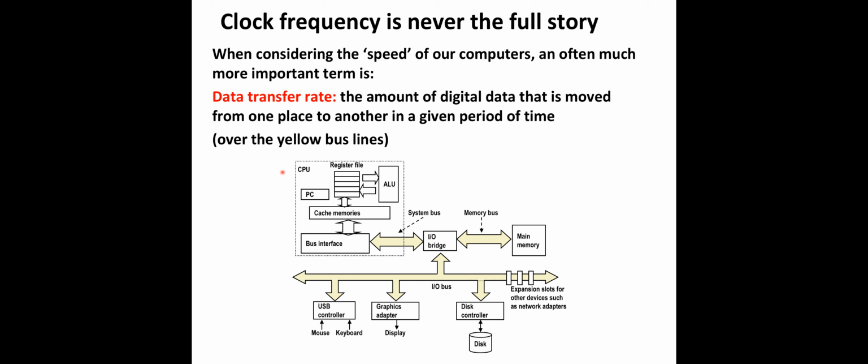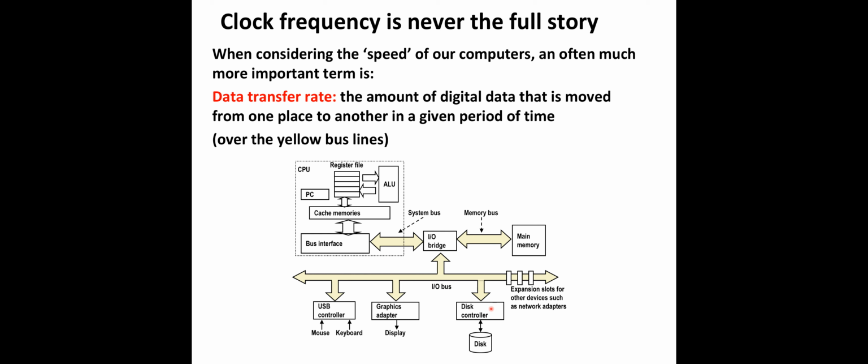But I'm going to argue with you that the data transfer rate, the amount of time that it takes for data to go across these buses, is actually the more important aspect of our computer in terms of how well it is going to perform.